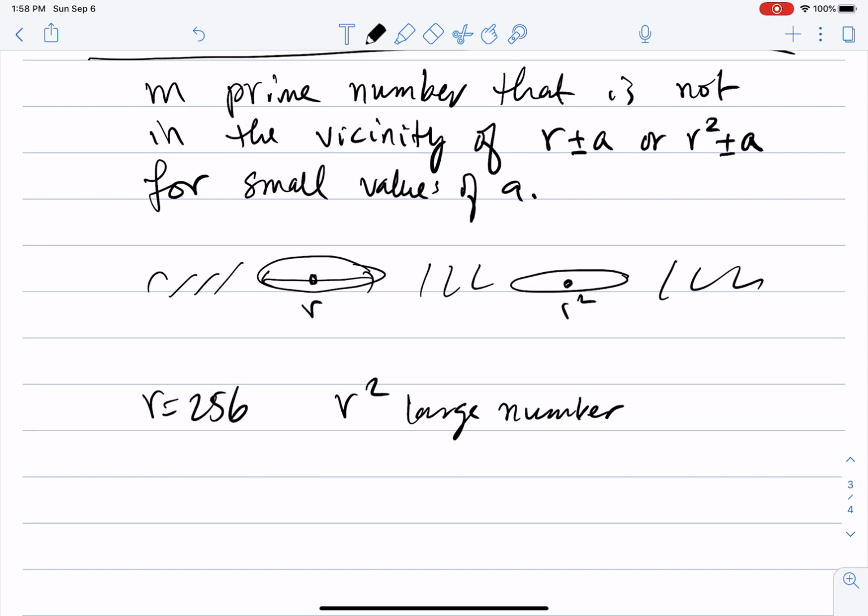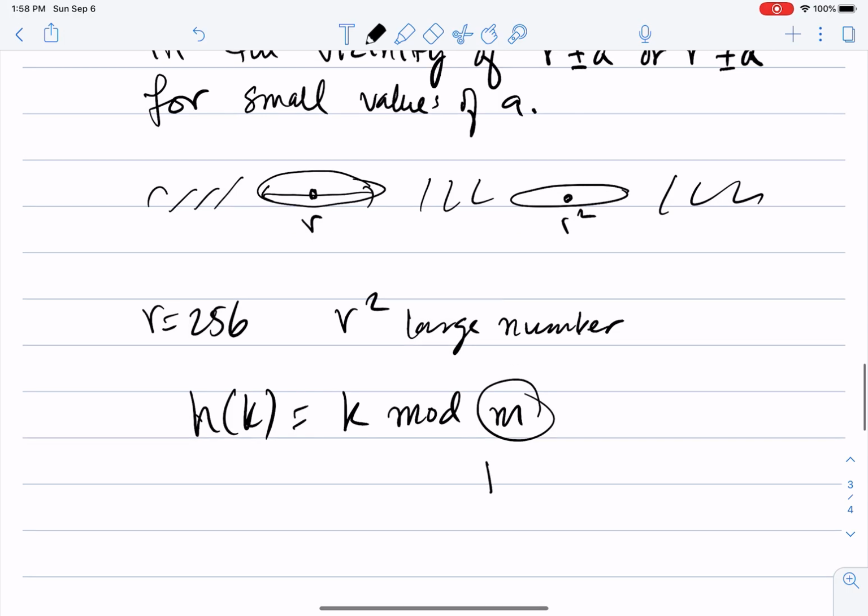Okay, so to summarize here, the division method says we basically take k divided by m and take the remainder, and for the choice of m, let it be a prime not close to R. What it means, not close to R, again, choose a small value a and just make sure that that prime number is smaller than R minus a or larger than R plus a.